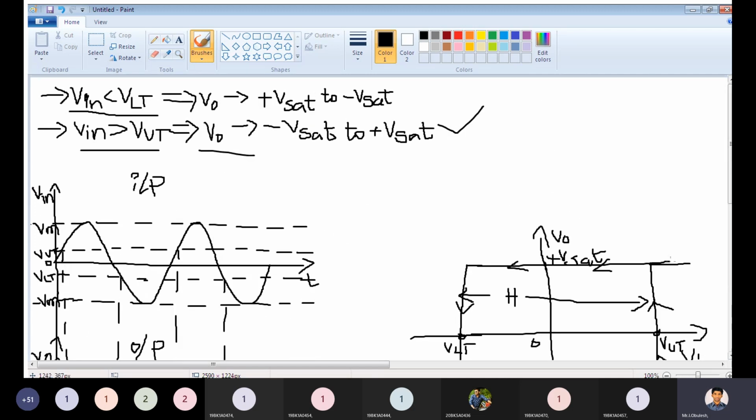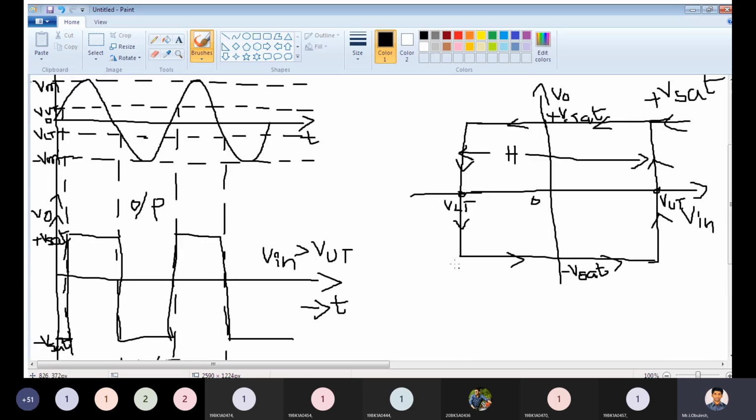Yes or no? So the output will start from the positive V sat only, if V in is greater than VUT, and it moves in this direction.